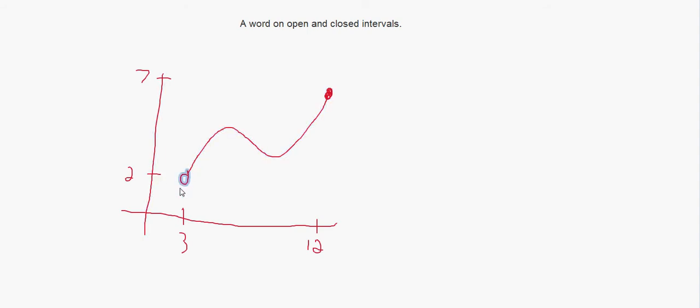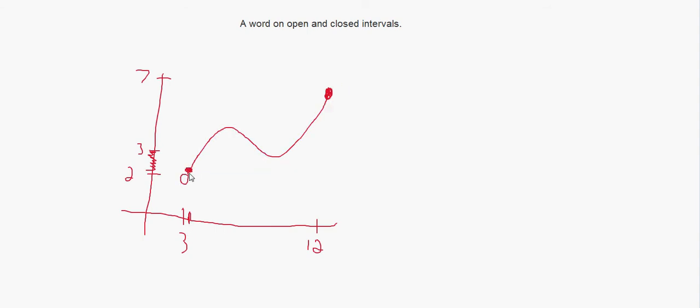So this is called an open interval. It's open on the left side at 3. It's closed on the right side at 12 because the point's in there. But it's called open because there is no lowest number. A lot of times kids will say, well, if it should be 2 and you can't get to 2, the lowest number then is 3. Well, there's a bunch of numbers in between 2 and 3 here. And the problem is, no matter what number you choose, let's say you find the function value at 3.1, and you get this point right here.